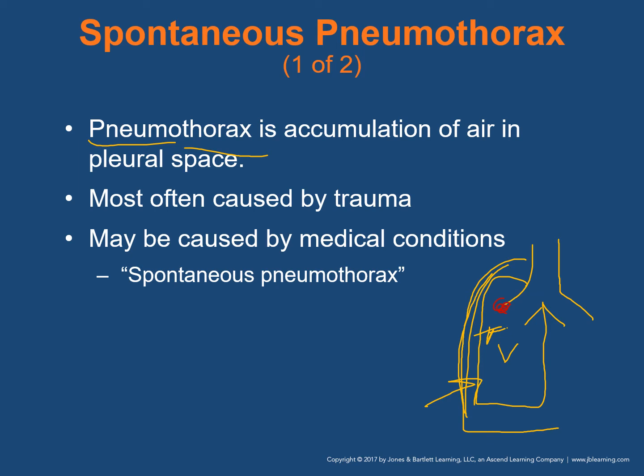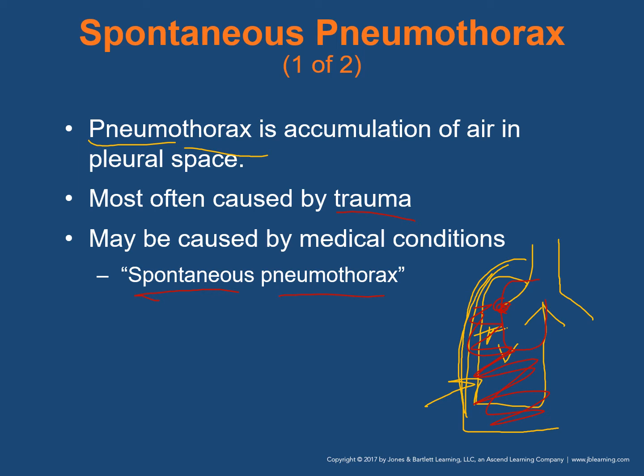So then air is going to escape into the chest cavity, and then this lung tissue is going to get smaller and smaller because of the pressure that's building up inside the chest wall here. So the lung is actually going to collapse down. Like it says, this can happen with trauma. It can happen as spontaneous pneumo as well, where, like I said, a weakened spot in that lung tissue just blebs out or bursts.